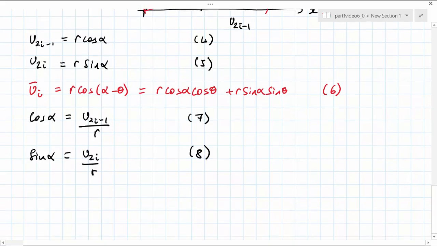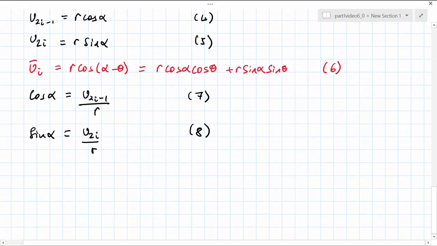If we substitute these values for cosine alpha and sine alpha into equation 6, we get the following expression. U bar i is equal to u2i minus 1 cosine theta plus u2i sine theta.